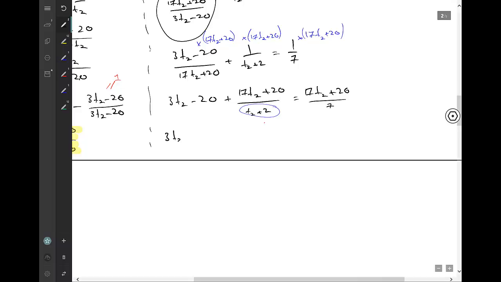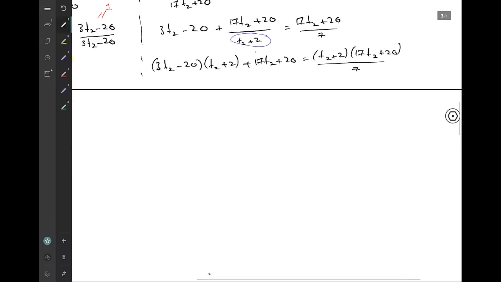So we end up with (3t2 - 20) times (t2 + 2) plus (17t2 + 20) equals (t2 + 2)(17t2 + 20) on 7.